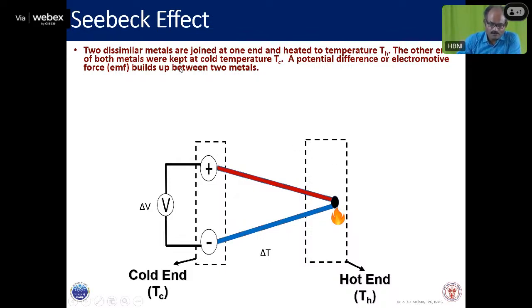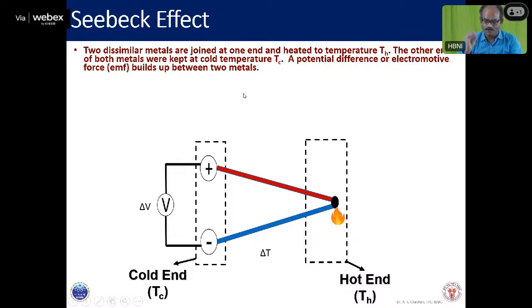Now, if we add two dissimilar metals and they are joined at one end here and heated up to a temperature which is higher at this point, suppose we say TH, the other ends of both metals are kept at the same constant temperature. It can be room temperature or any other reference temperature, can be 0 degree centigrade also. Let us consider it is Tc here. The potential difference or electromotive force is built up between those two metals.